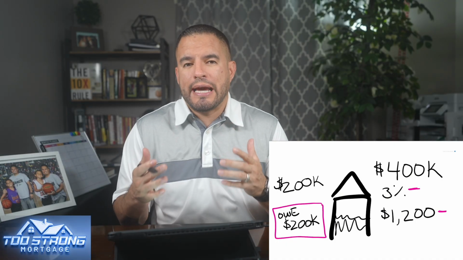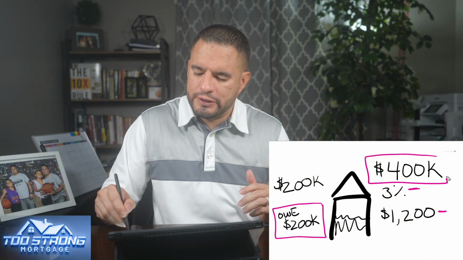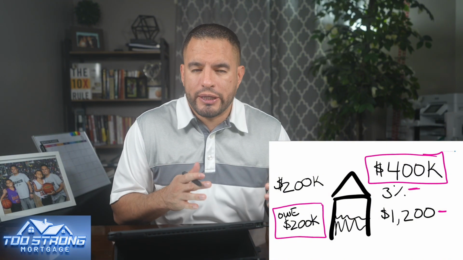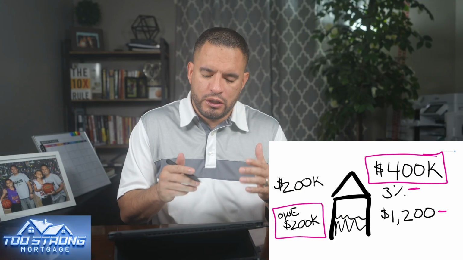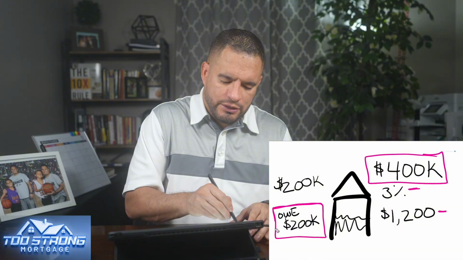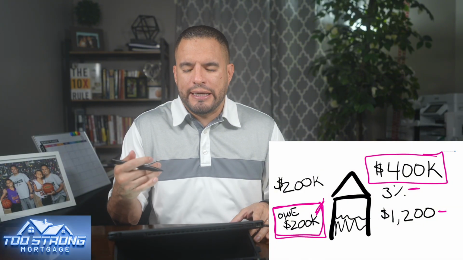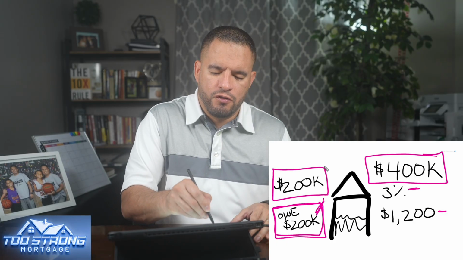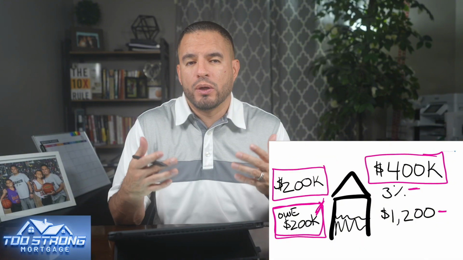So what typically happens is if you want to purchase this home for $400,000, you can do that with an assumable mortgage. What that means is you would assume the current mortgage of $200,000, but since they still want $400,000, you'd have to come in with cash for the remaining $200,000 so that the seller can get what they want.